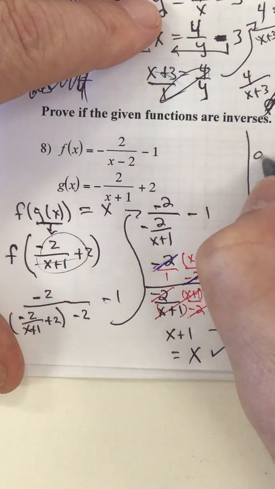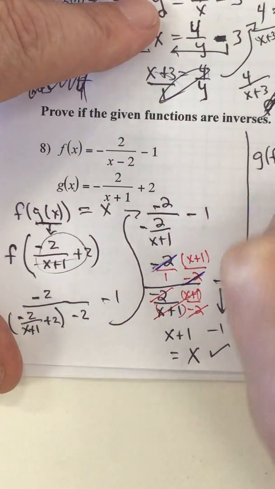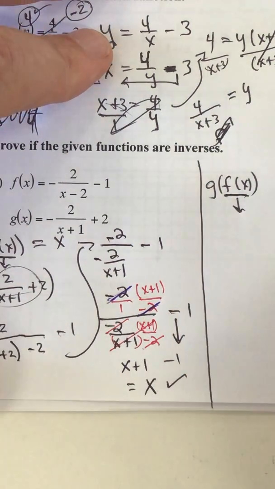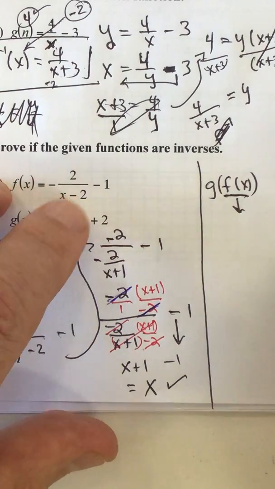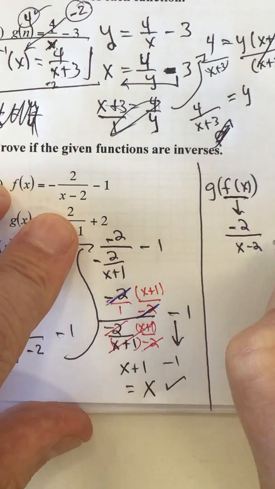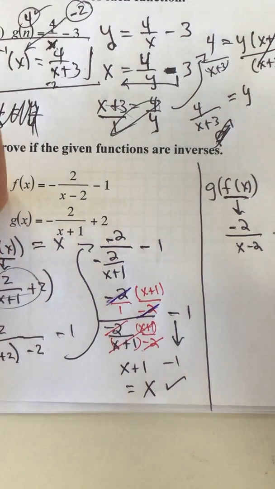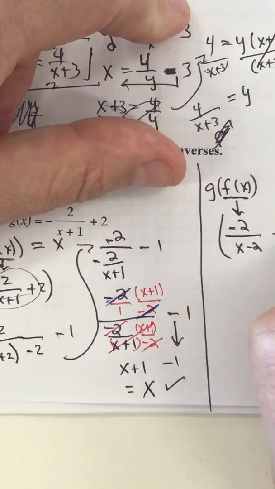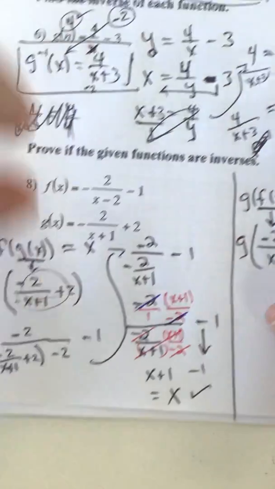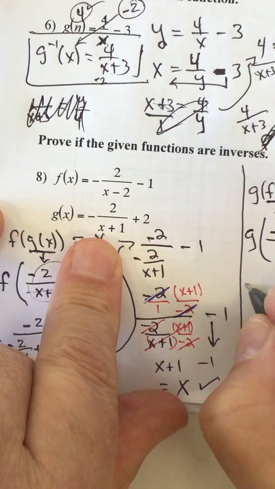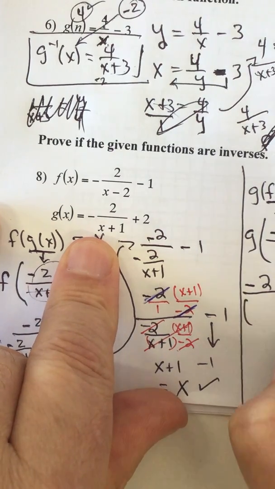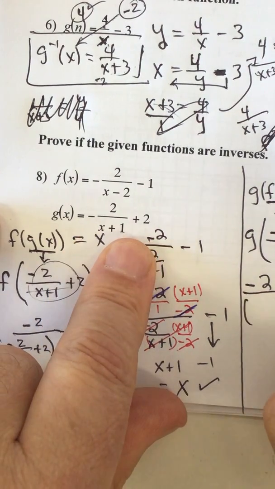Okay, the other half is take g and plug in f of x, and it needs to do the same thing. Okay, f of x is right here. It's -2 over x minus 2 minus 1. And that has to go into g. Okay, g is -2 over blank plus 1 plus 2.